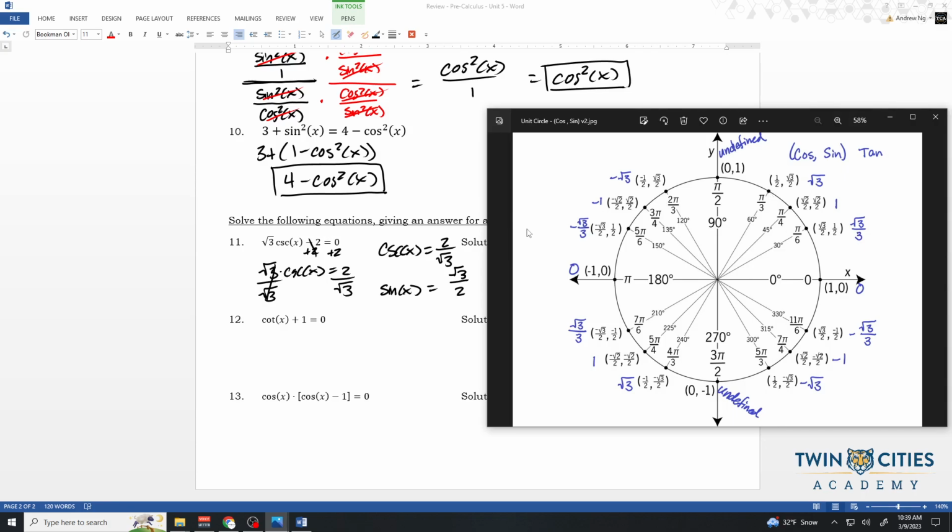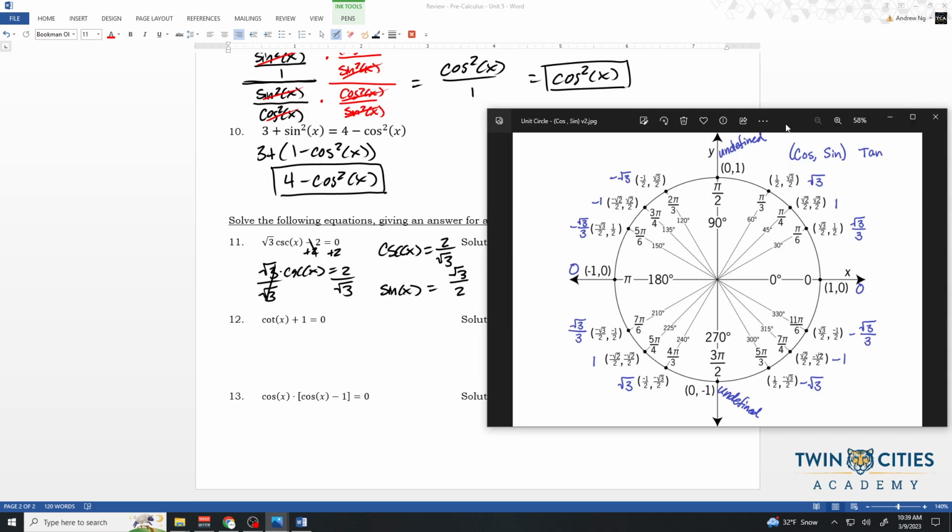But this is for all possible answers. So every time I go around the circle and I hit this spot, this is a solution. Every time I go around the circle and I hit this spot, this is a solution. Well, that means that every 2 pi, I get back to pi over 3, and every 2 pi from this point, I get back to 2 pi over 3.